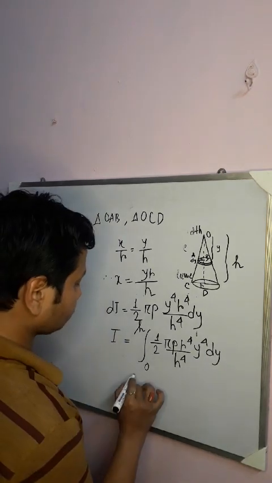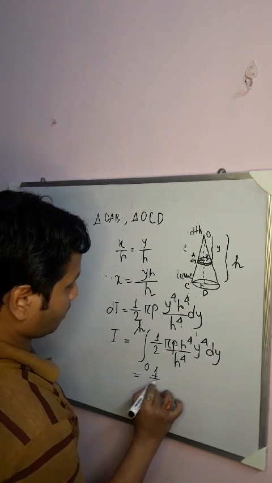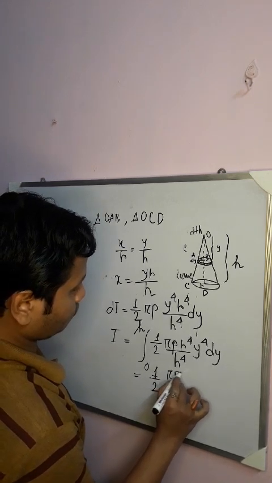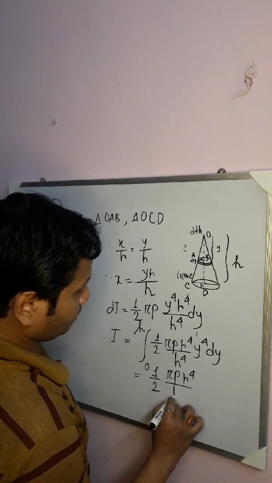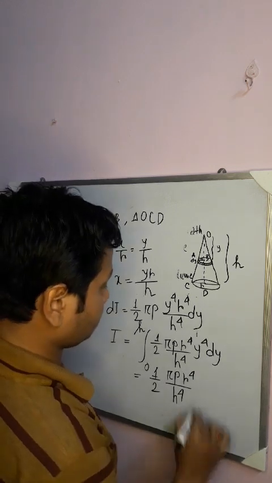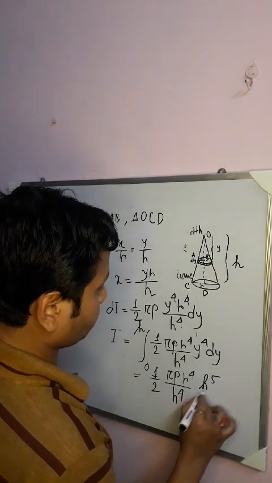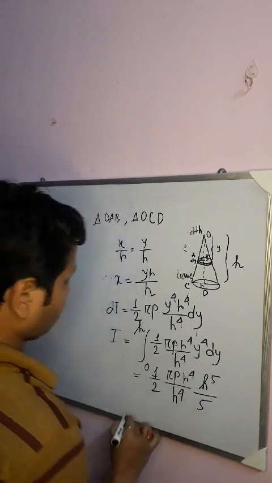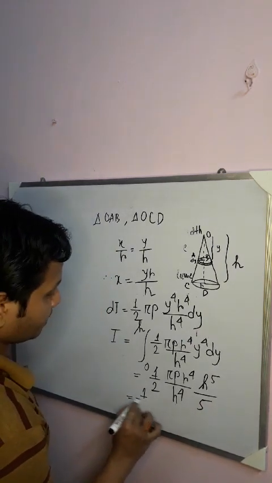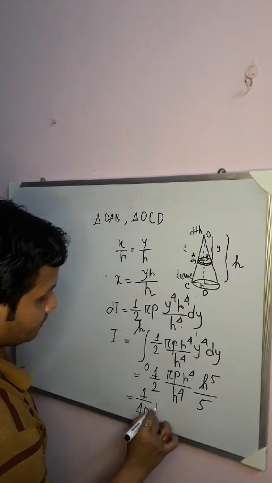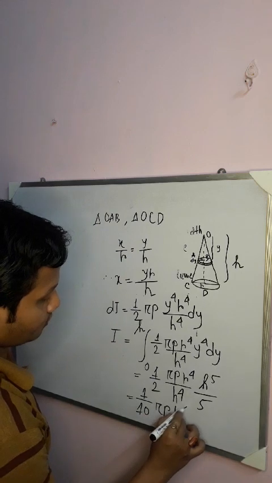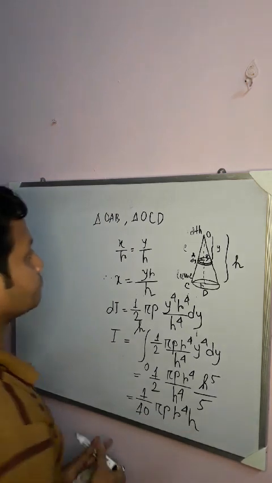So half pi rho r to the power 4 by h to the power 4, times h to the power 5 by 5. So this is 1 by 10 pi rho r to the power 4 h.